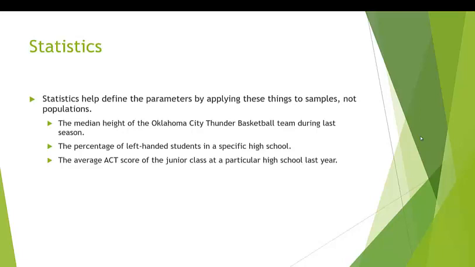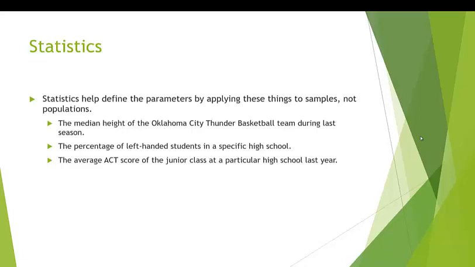The percentage of left-handed students at a specific high school. You know, we could easily get that as a sample and make inferences to the larger population, whatever we could infer from being left-handed. The average ACT score of a junior class at a particular high school, last year or this year, doesn't matter.